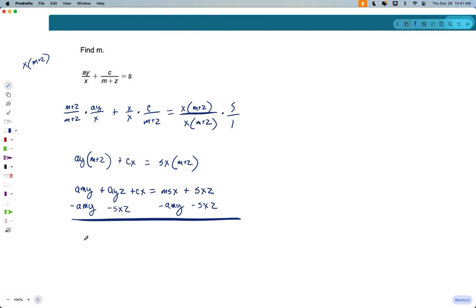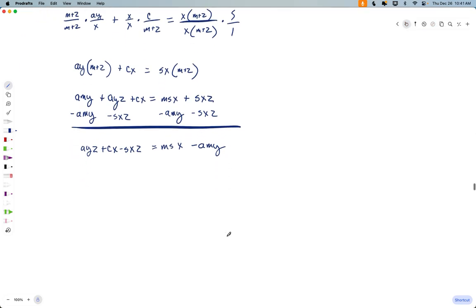So that's going to give me AYZ plus CX minus SXZ is equal to MSX minus AMY. Now I can factor. I've got AYZ plus CX minus CXZ is equal to M times SX minus AY.